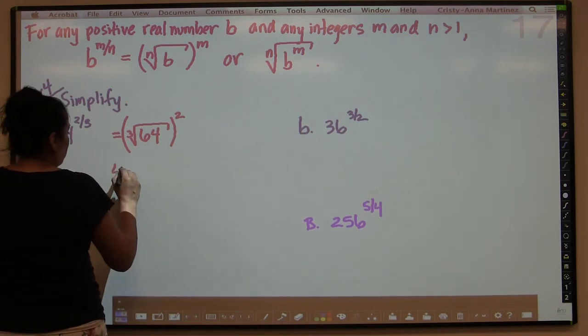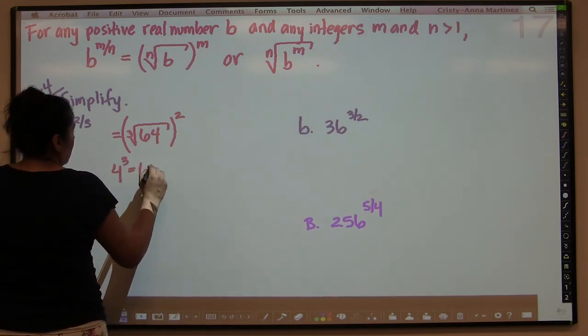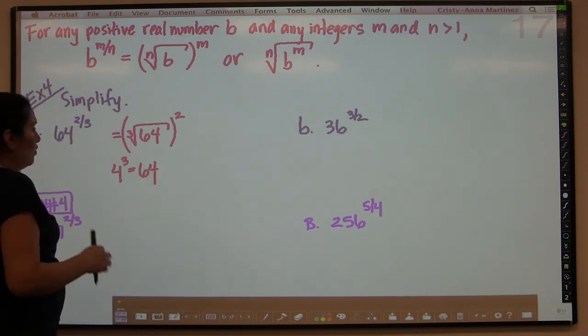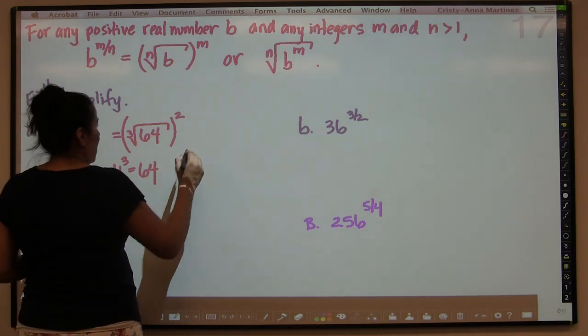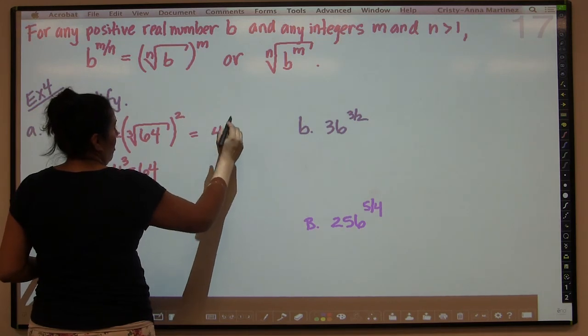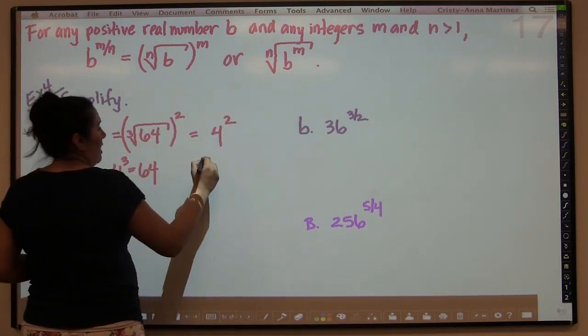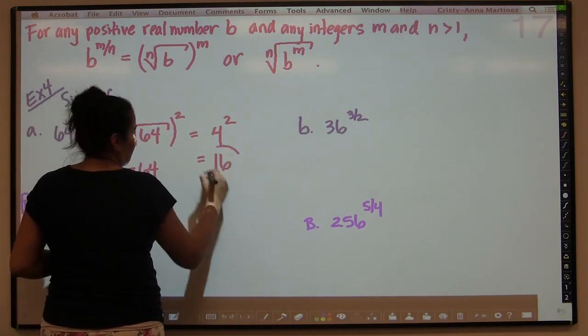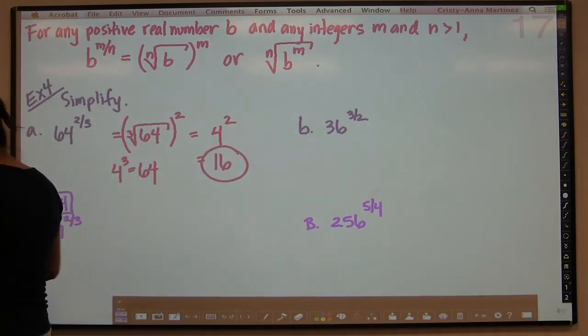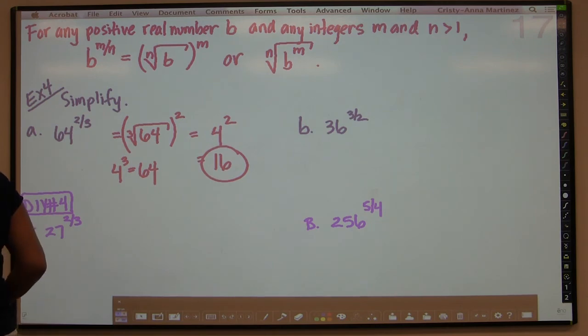So because 4 to the 3rd power equals 64, it means that the cubed root of 64 is actually 4. So now we put the 4 in there, and then we square that, because after we do the inside portion, we still have to square that, and our final answer is 16 for example 4.